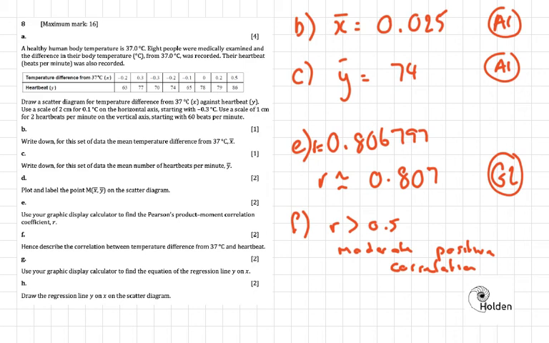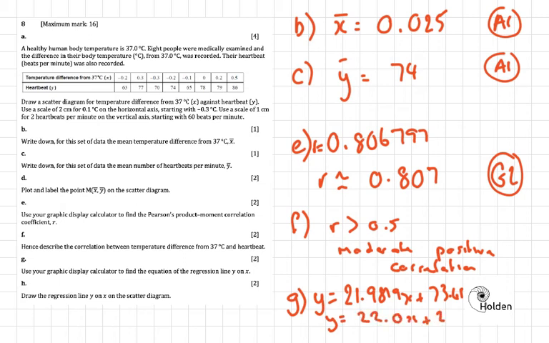G, use your graphic display calculator to find the regression line. So typing that in, you've got your data. y equals 21.9819x plus 73.450..., and then rounded to the appropriate level of accuracy, we've got 22.0x plus 73.5.